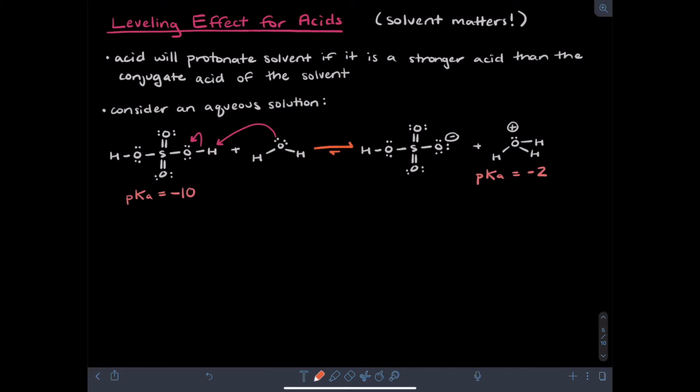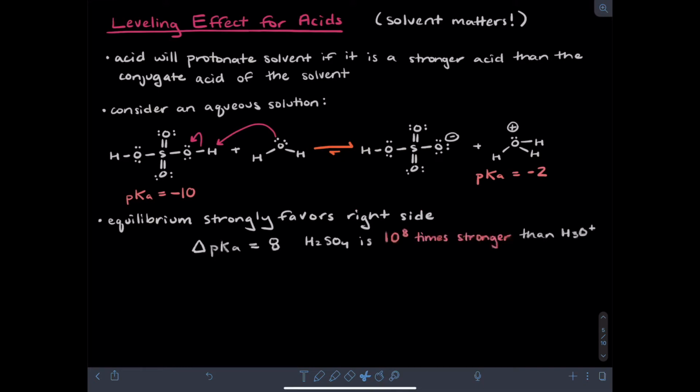My equilibrium favors the side with the higher pKa, or weaker acid, so I would expect my product side to be favored here. In fact, the equilibrium doesn't just slightly favor the products, it strongly favors them.